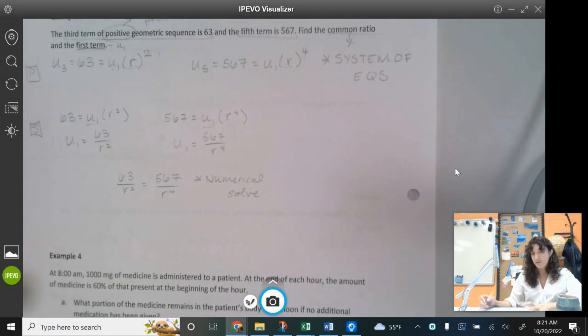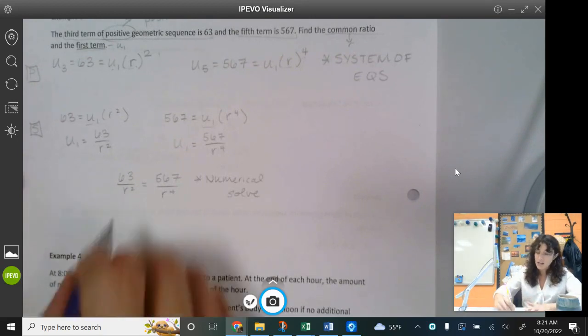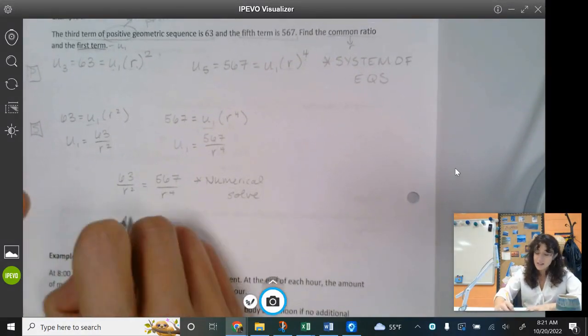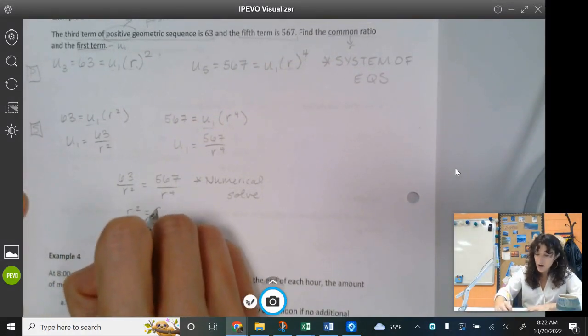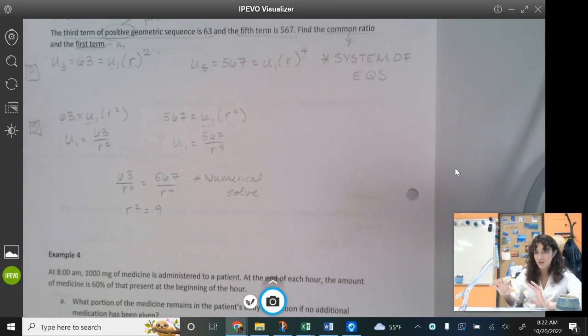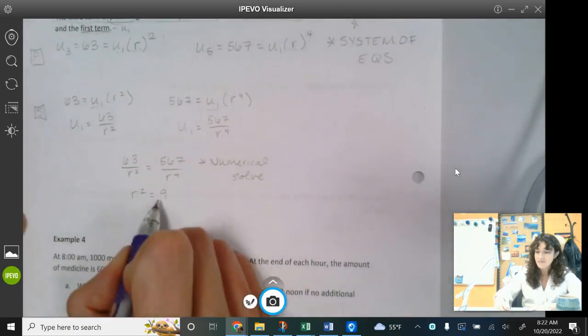When you numerical solve, you get one value. And there's actually more than one value that is correct here. If I was to solve by hand, you would essentially come out to r squared equals 9. If you feel like you can do that by hand, awesome, check yourself, see if you've still got this ability.